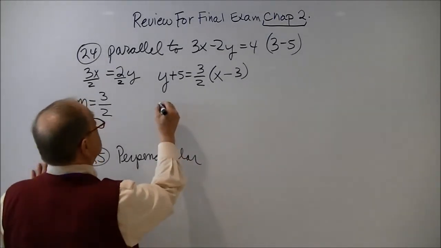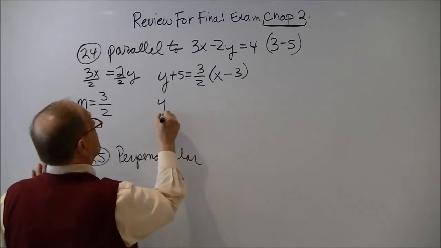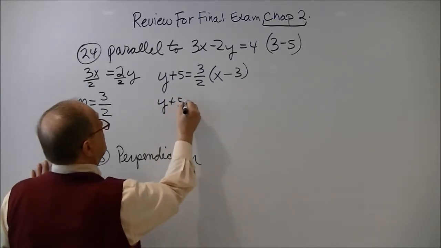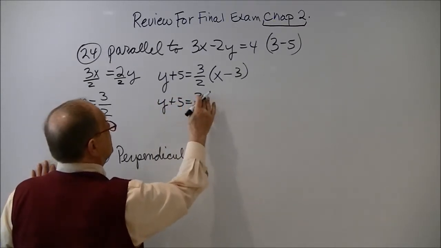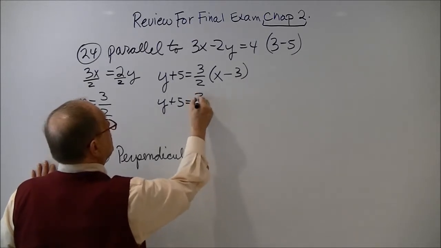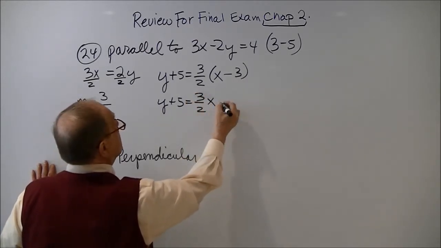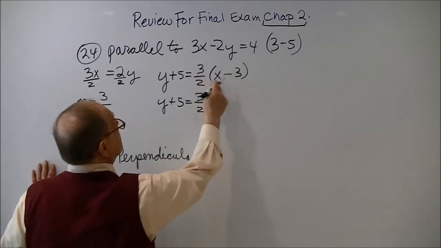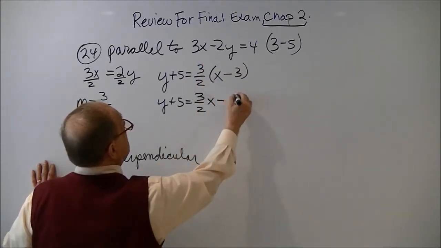And I'm going to clear parentheses. Y plus 5 equals 3/2 x minus 9/2.